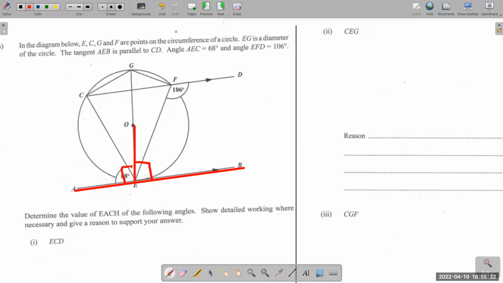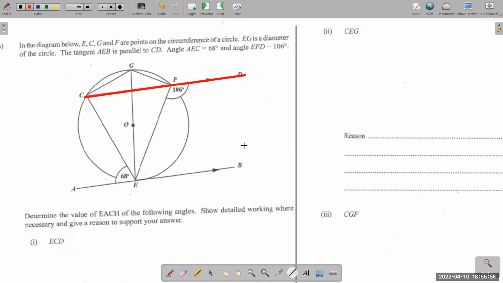Yes, it is. You know which line is not a tangent? Look at it. That ain't a tangent. Look at it in the diagram too. The tangent AEB. Everybody see it? This one up here is not a tangent. This one is not a tangent.